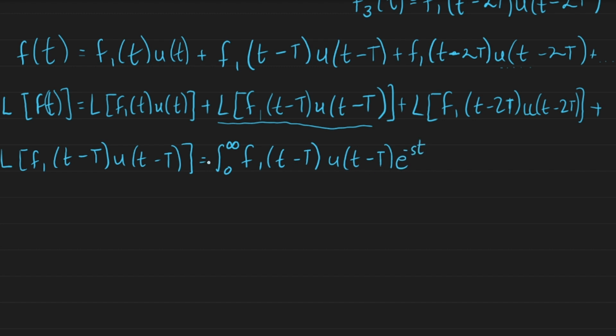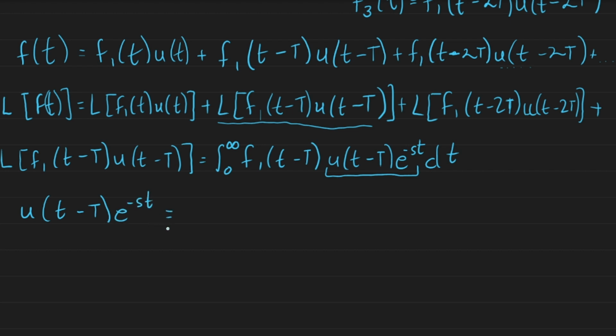That is how the Laplace transform is defined. So how do we address this? Okay, so what we're going to do is take out that term, the Heaviside unit step function of t - T times e to the minus st.